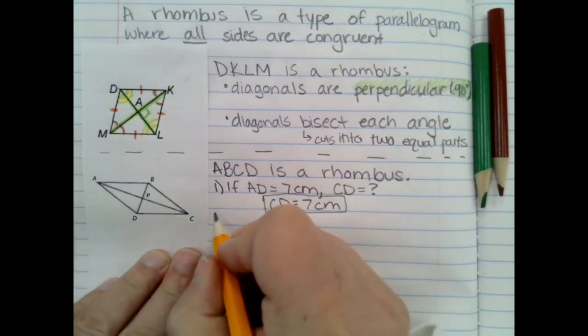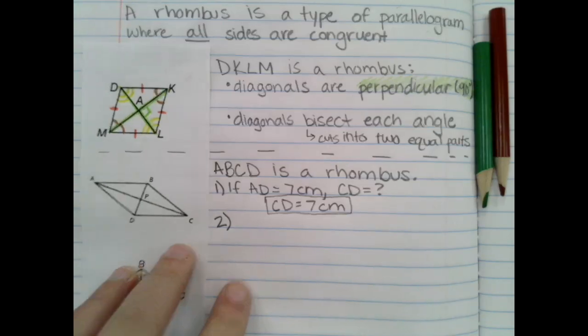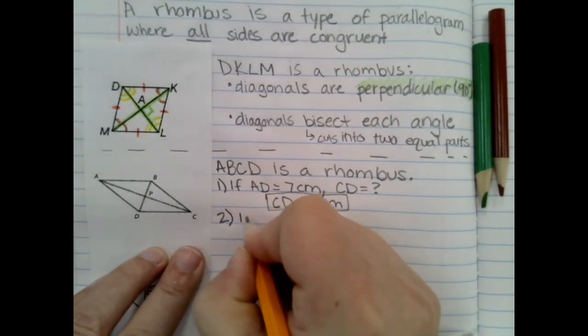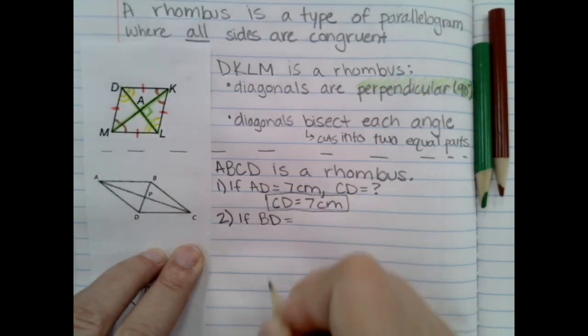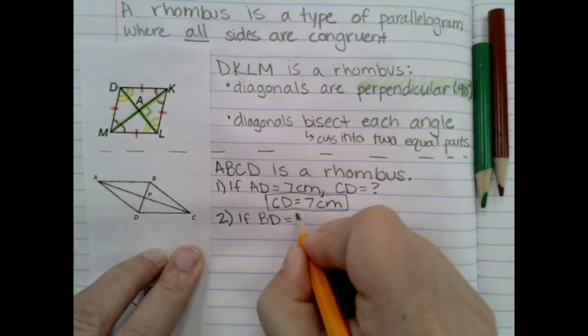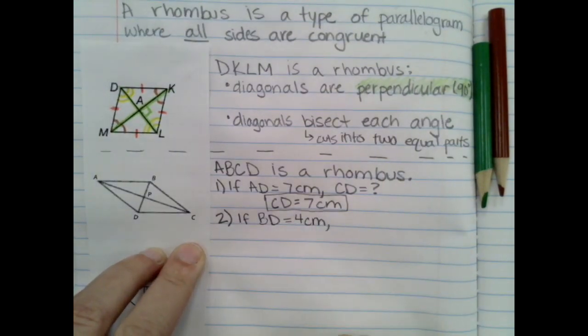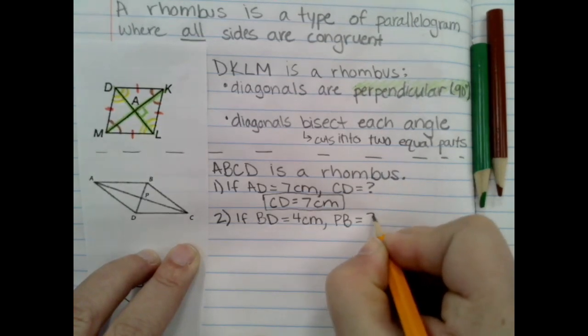Done. All right, number 2, we're going to use the same diagram here. This time we're going to say if BD equals 4 centimeters, PB is equal to how much?